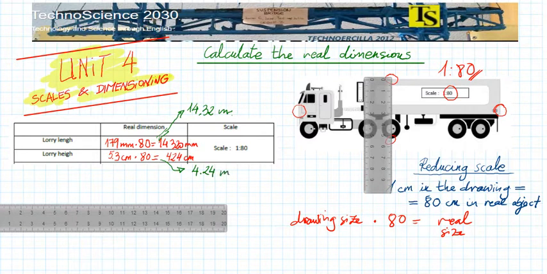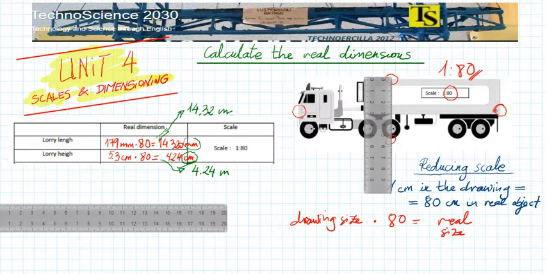Of course, when you want to calculate meters from centimeters, you have to divide by 100. When you want to do it from millimeters, you have to divide by 1000.